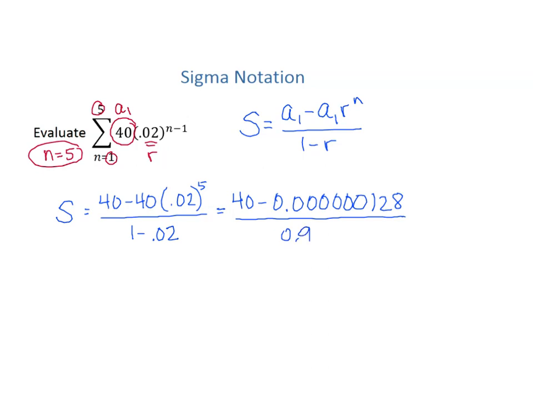All over 0.98. So now I'm going to multiply that out, or subtract and divide is more accurate to say. It's just calculator work now. I'm just being very careful to make sure I enter all of those zeros correctly. Divided by 0.98.